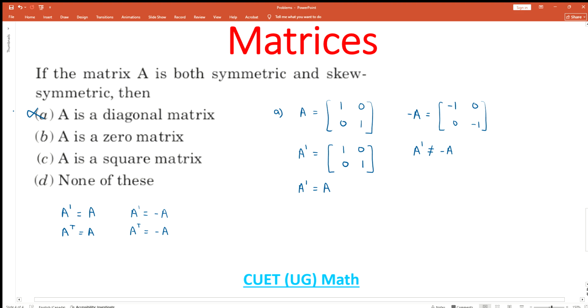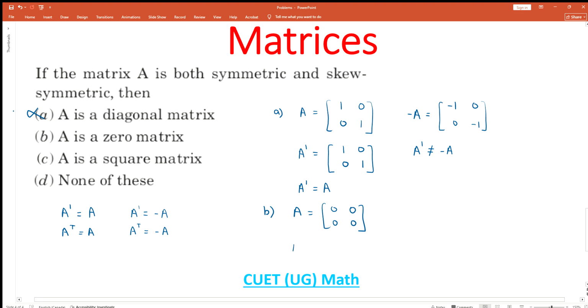Now we can analyze option B. A is a zero matrix. Zero matrix is a matrix in which all elements are equal to 0. Since A is both symmetric and skew symmetric, we can use a square matrix for this zero matrix. Let's assume matrix A is a 2 by 2 matrix, 0 0 and 0 0.